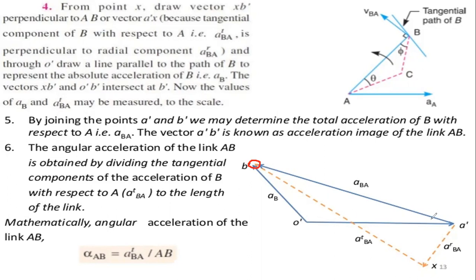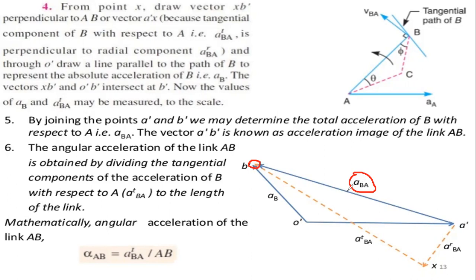Then by joining the points A dash B dash, we may determine the total acceleration of B with respect to A, that is ABA. Finally, only this one line remains. If we join A dash B dash, we get the point for the acceleration of B with respect to A. So the acceleration of B with respect to A, that is ABA, is to be formed.